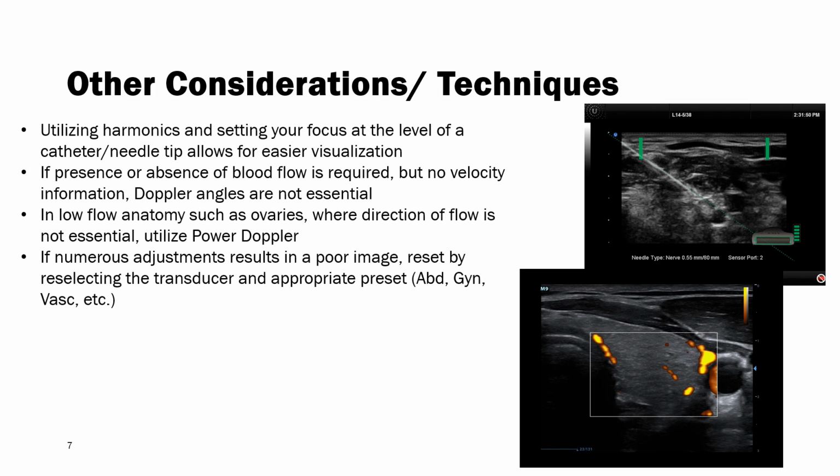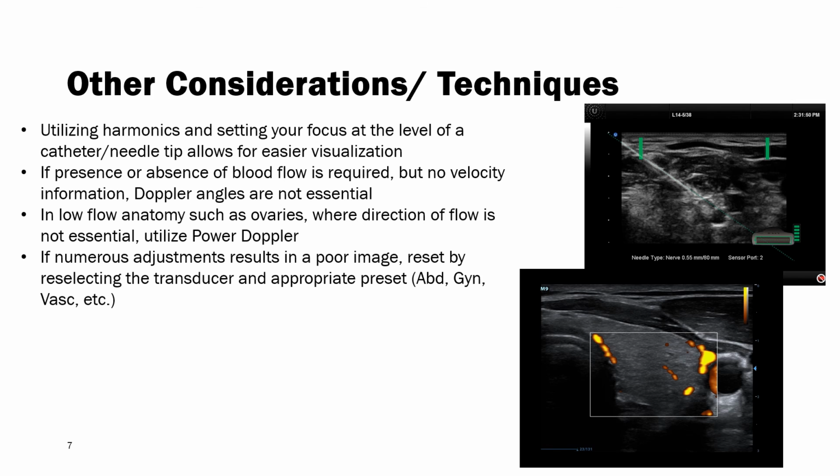Now, we go through all the rules of your Doppler angle and all of these other rules that apply to our spectral analysis. Sometimes as a physician, you probably just want to see if there's blood flow there or not. If that's the case, you're not going to be taking any velocity measurements, and you don't care about the resistance. You just want to see blood flow present.